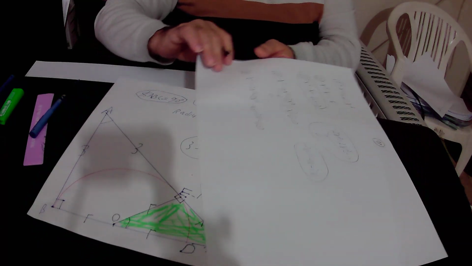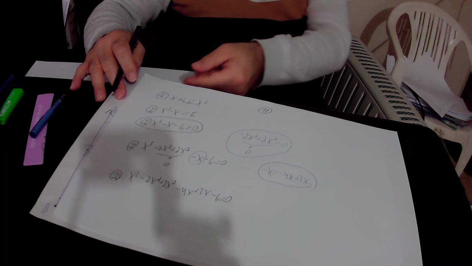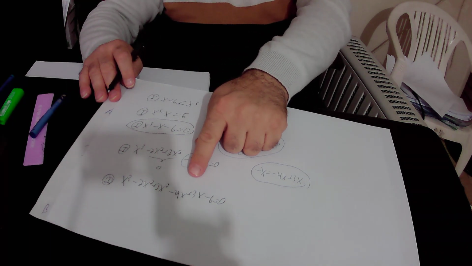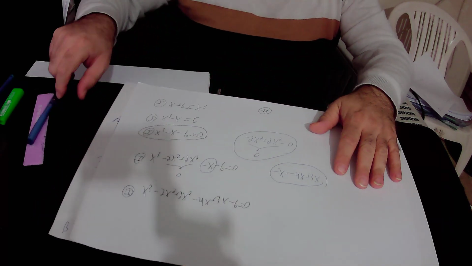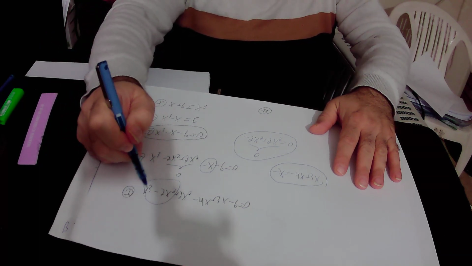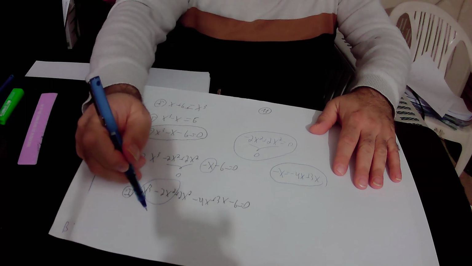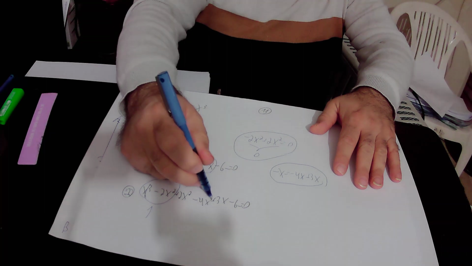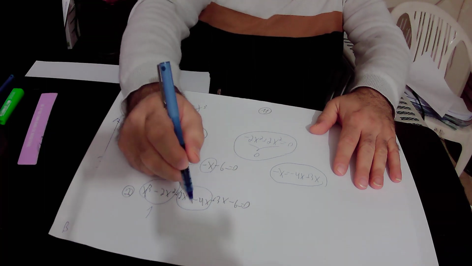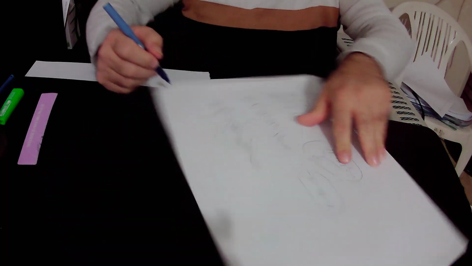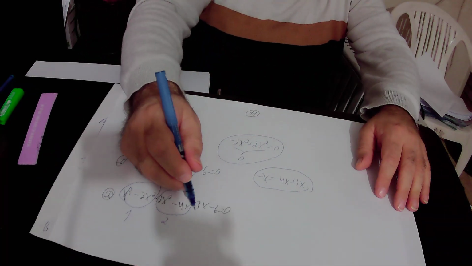So here we will divide this equation into 3 parts, and we will take a common factor from each part. So the first part will be this part, the second part will be this part, and the third part will be this part.